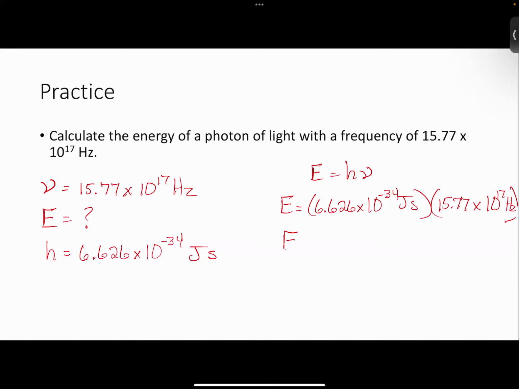So therefore the energy is 1.04 times 10 to the minus 15 joules.